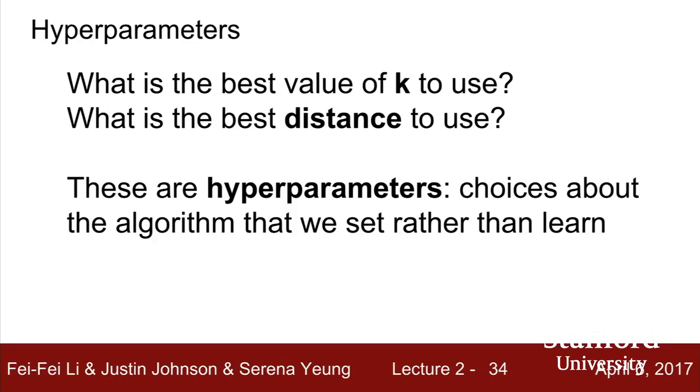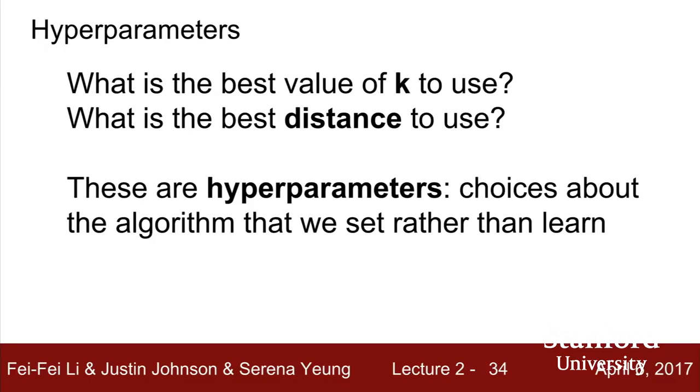OK, so then the question is, once you're actually trying to use this algorithm in practice, there are several choices you need to make. We talked about choosing different values of k. We talked about choosing different distance metrics. And the question becomes, how do you actually make these choices for your problem and for your data? So these choices of things like k and the distance metric, we call hyperparameters because they are not necessarily learned from the training data.